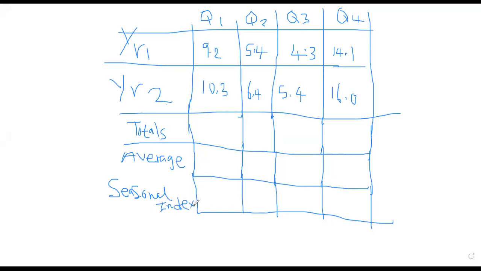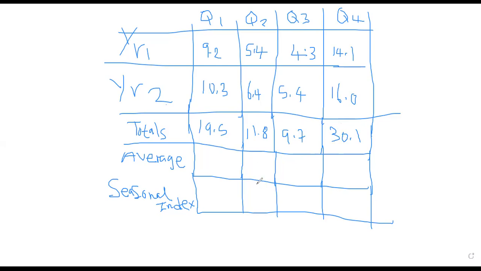So the totals for the first one, 9.2 plus 10.3 is 19.5. 5.4 plus 6.4, 11.8. 4.3 plus 5.4, 9.7. Then 14.1 plus 16, which was 30.1.